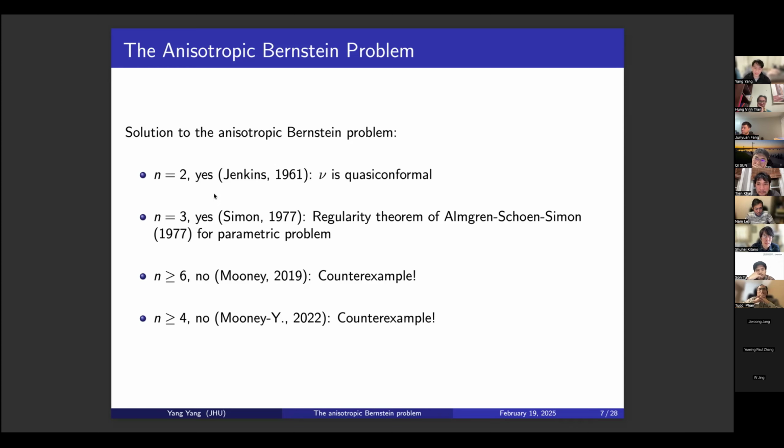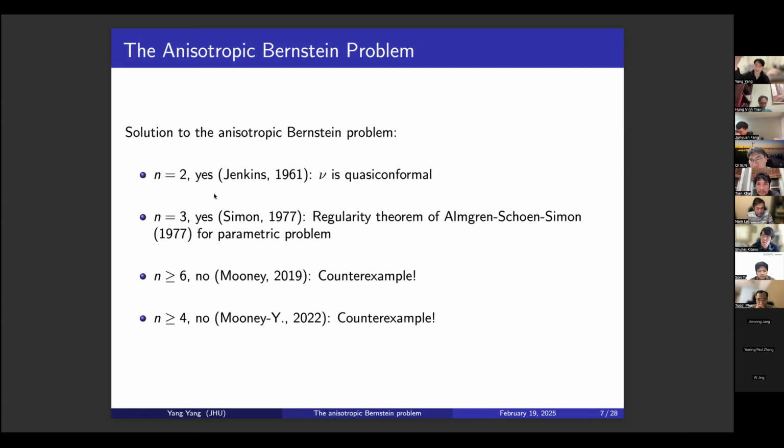And unsurprisingly, the proof is quite sophisticated. What Leon Simon did relies on some very deep regularity theorem due to Almgren and Simon around the same time for the parametric problem. And so after Simon's proof, it really made us think that maybe for the anisotropic area functional, the magic number 7 will still appear like in the area case.